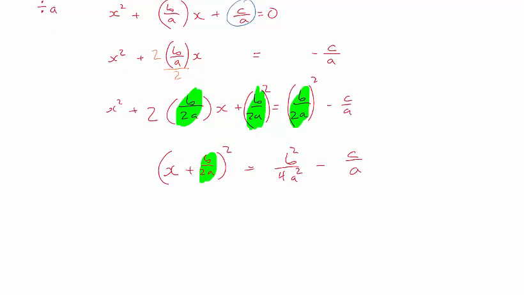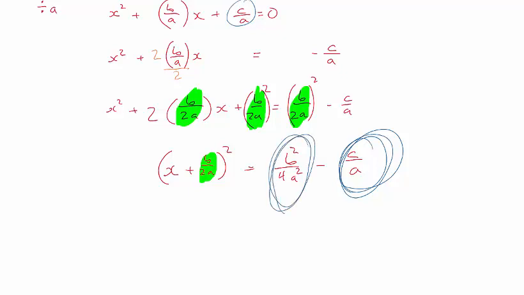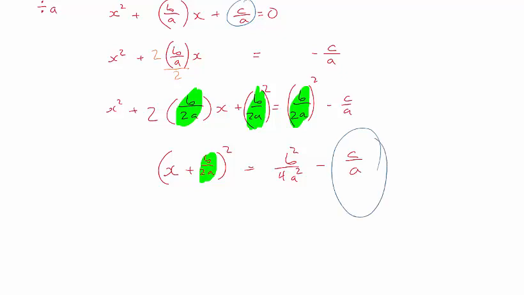Alright, so let's do something else over here. Look at this number. We want this to have a common denominator with this guy here. So we're going to multiply top and bottom of this guy by 4 times a. Like so.